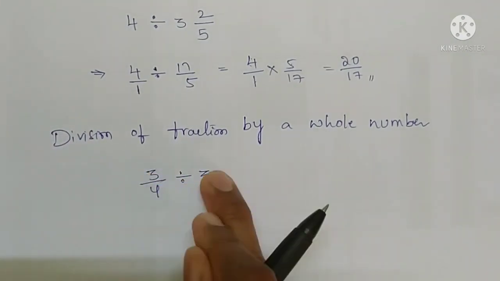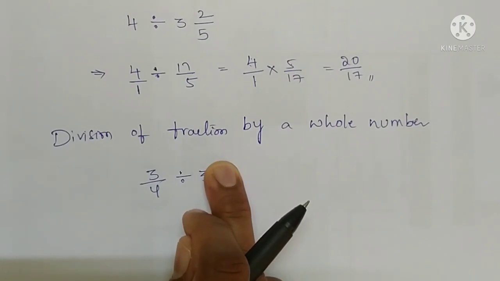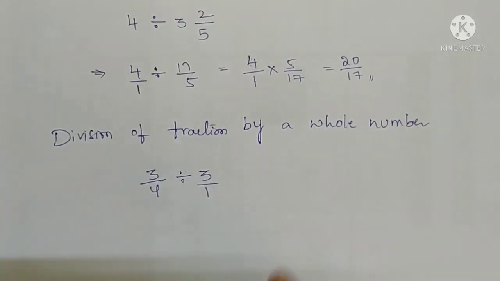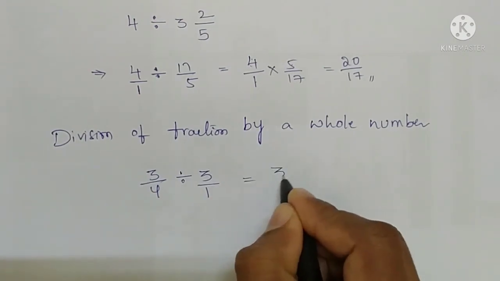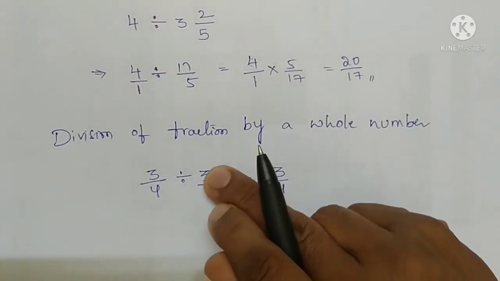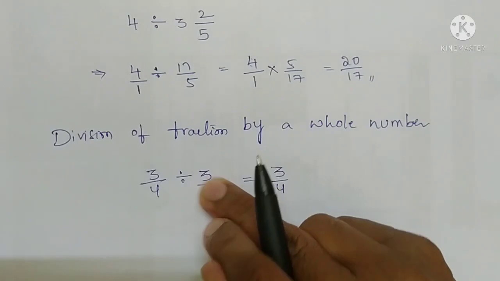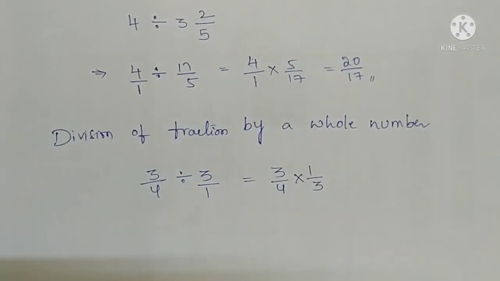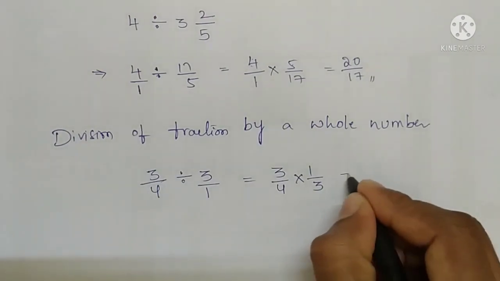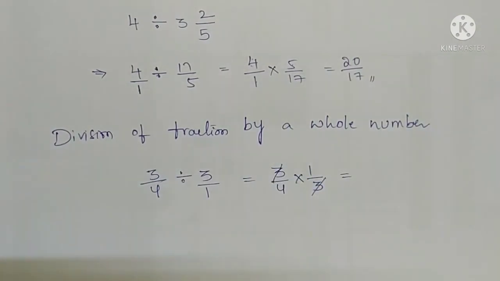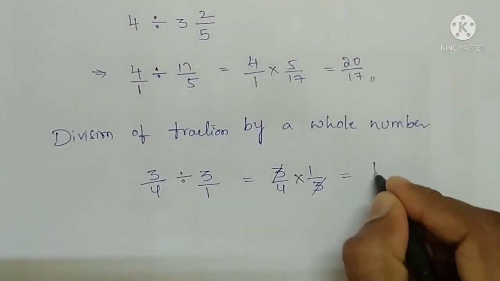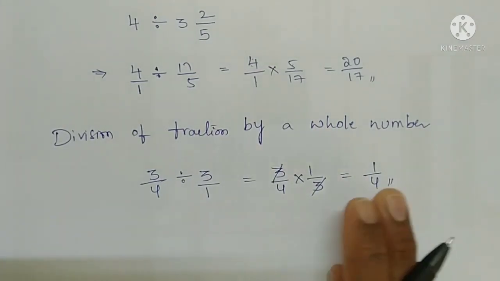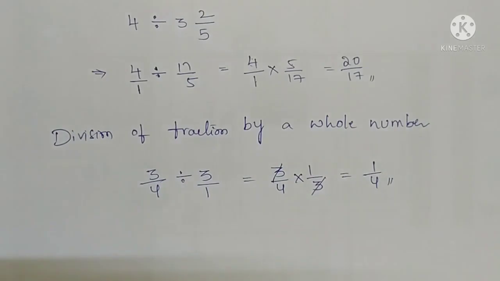This is a fraction. This is a whole number. So 3 is nothing but 3 by 1, right? So that is equal to 3 by 4. The reciprocal form of 3 by 1 is 1 by 3, so multiply with 1 by 3. Here 3 and 3 both are cancelled, right? So 1 by 4 is your final result.